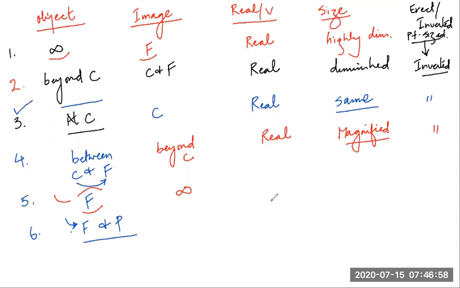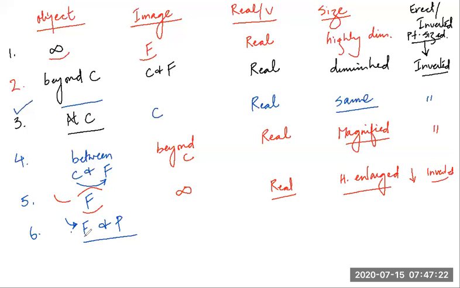The image size would be highly enlarged, or you say magnified, no problem. It will be inverted. Why? Because it is below the principal axis. And yes, you could say it's real image because the lines are there. Lines are not actually meeting, but we assume that the lines are meeting at infinity, so we say real.